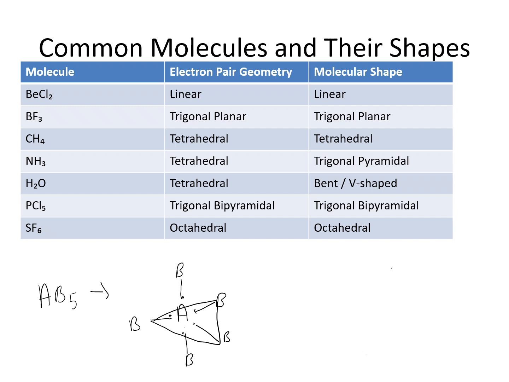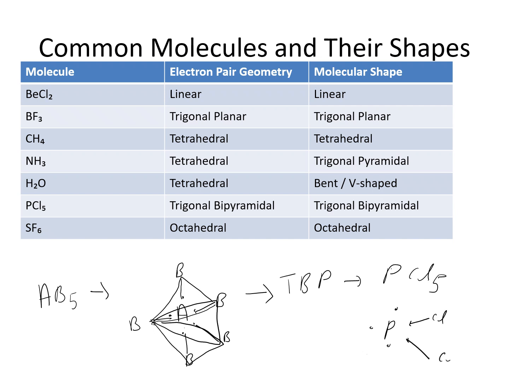We have a triangle, and one pyramid is made above and one pyramid is below. That is why this geometry is known as trigonal bipyramidal. An example of TBP geometry is PCl5. Phosphorus has 5 electrons in its valence shell. So PCl5 has trigonal bipyramidal geometry.